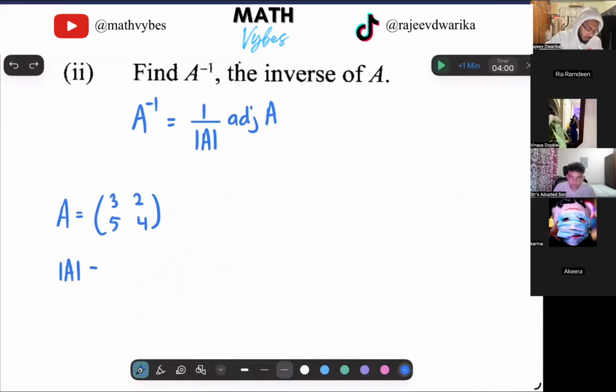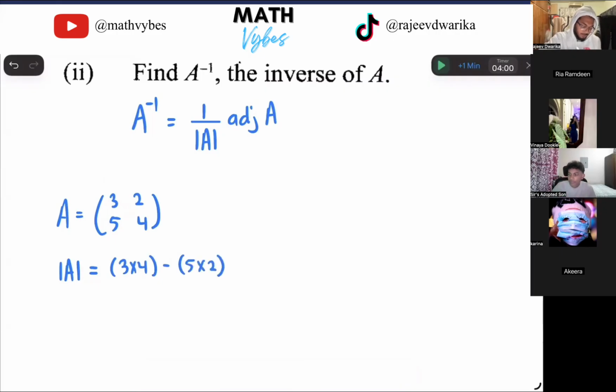Yes, sir. Walk me through it. So you cross multiply. Effectively, it's like cross multiplication. It'll be 3 by 4, and then you minus 5 by 2. So to find the determinant, you multiply the leading diagonal minus the product of the lagging diagonal.